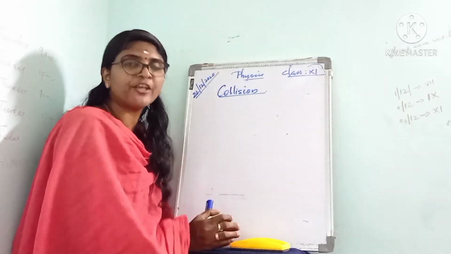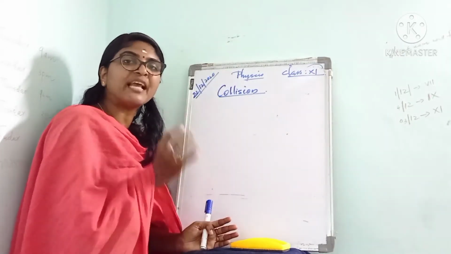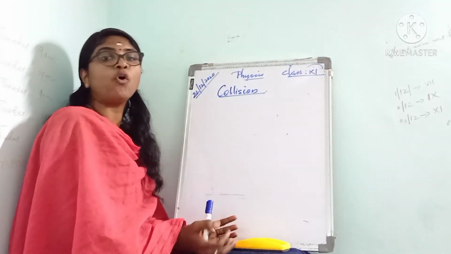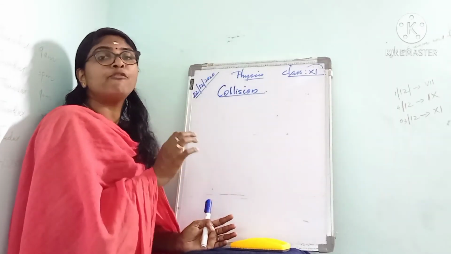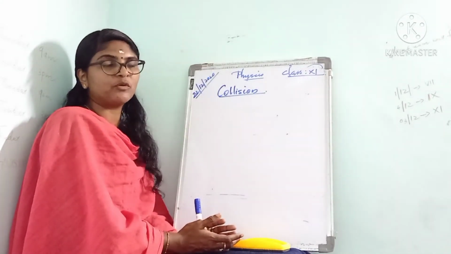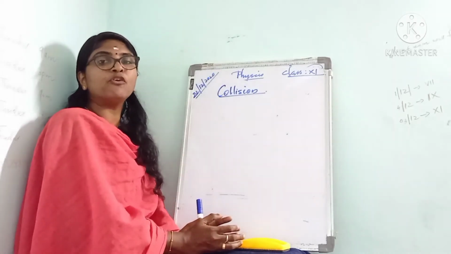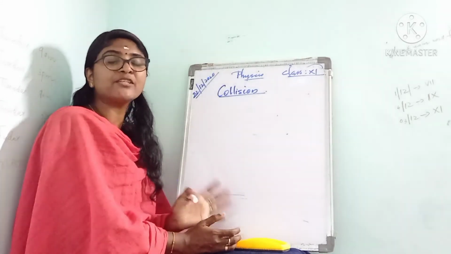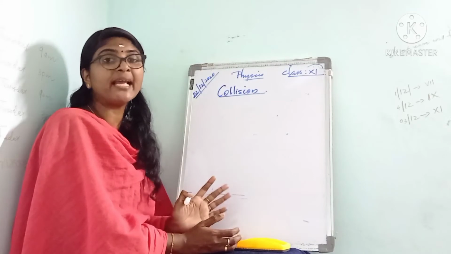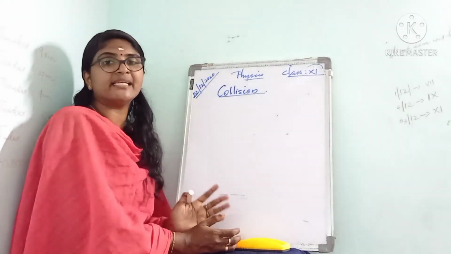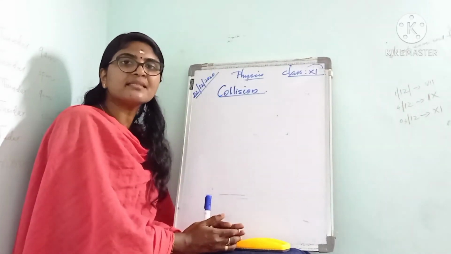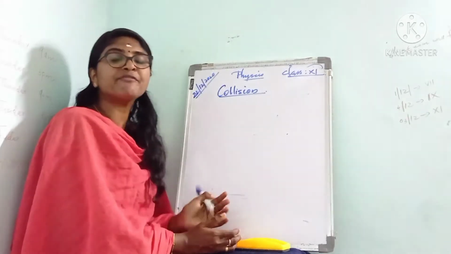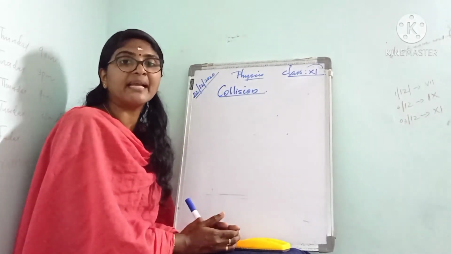A collision is said to occur between two bodies either if they physically collide against each other, or if the path of one is affected by the force exerted by the other.